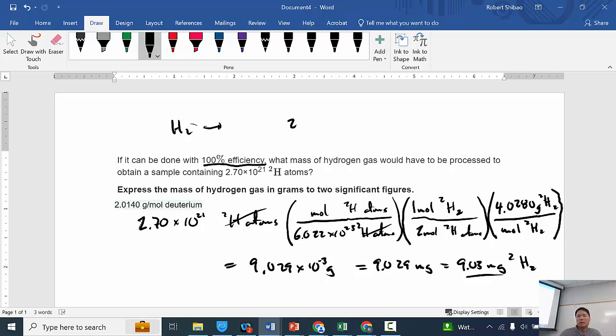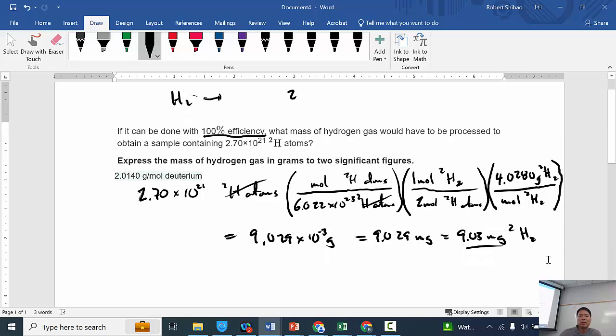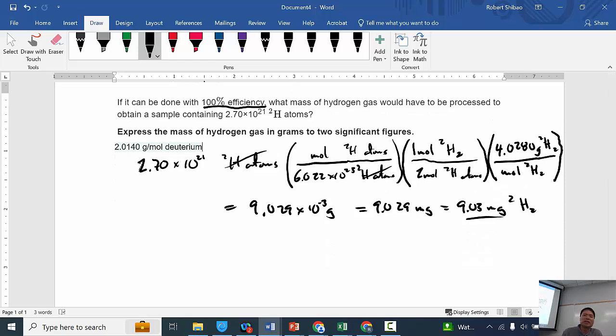And so we would use the percent efficiency as like a percent natural abundance. And so this is what I'm assuming that they're saying, although it's not entirely clear. I'm assuming that this is the new percent abundance.